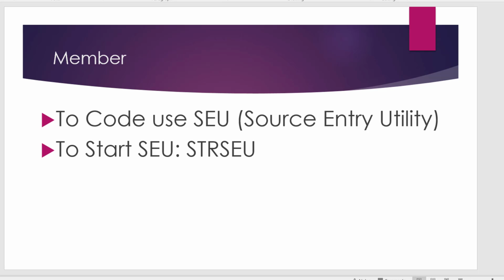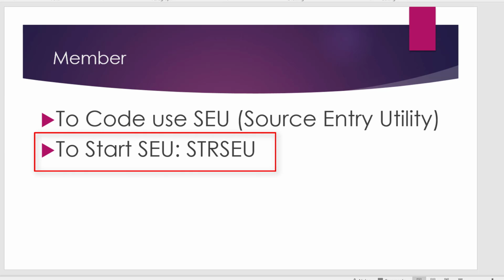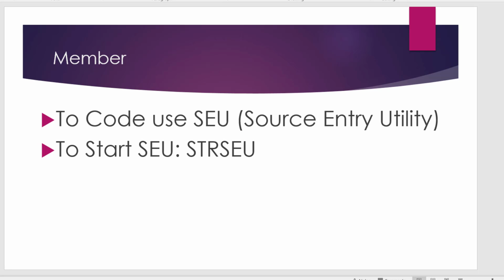Once you create your source physical file, you use a utility called source entry utility, and this utility allows you to write your source code for the members, where you can write your record format, create your fields, and give your fields descriptions. All of that goes into the source entry utility. To start the source entry utility, we issue a command STRSEU and press F4, and then go through a prompt so that we can start a new physical file or a logical file.